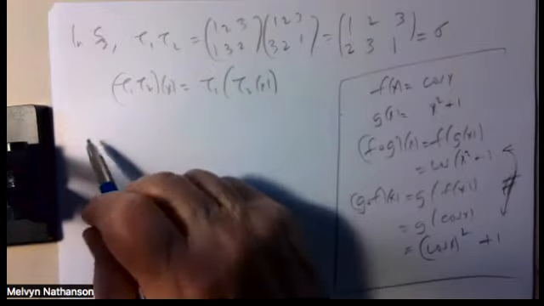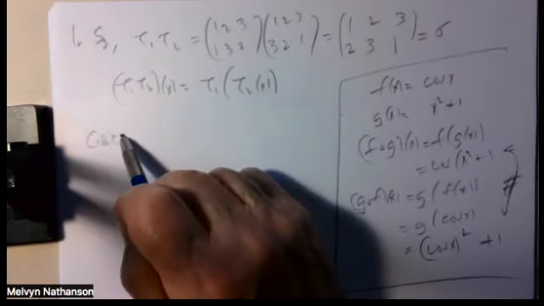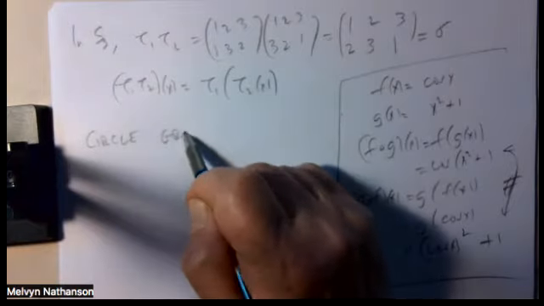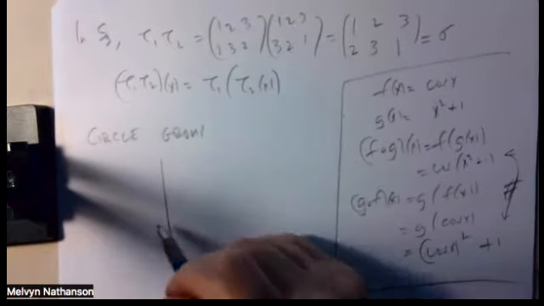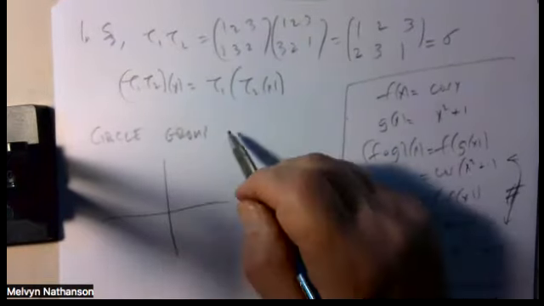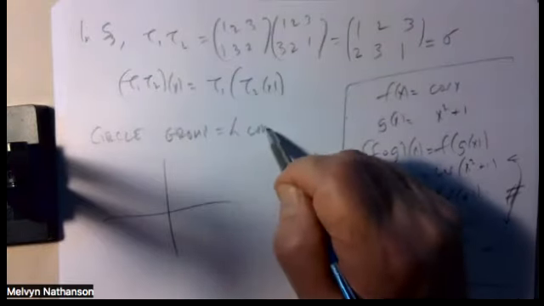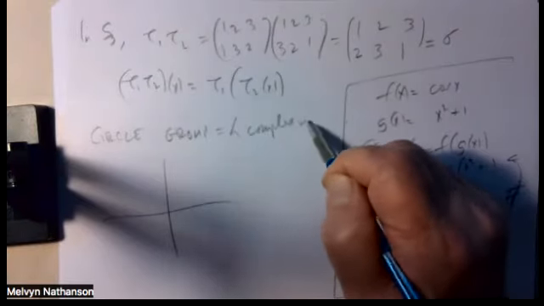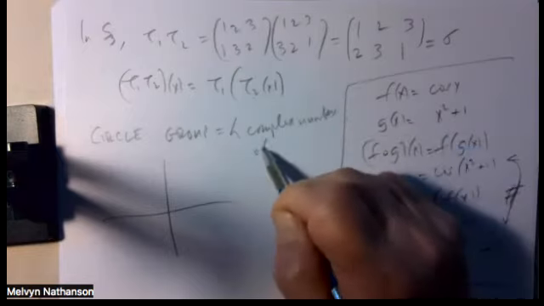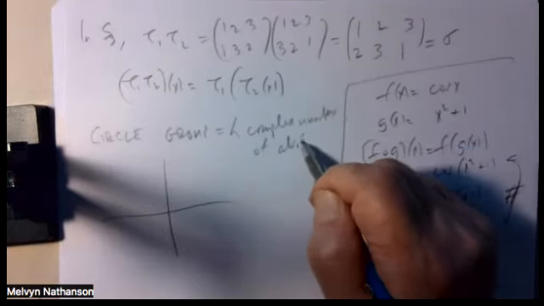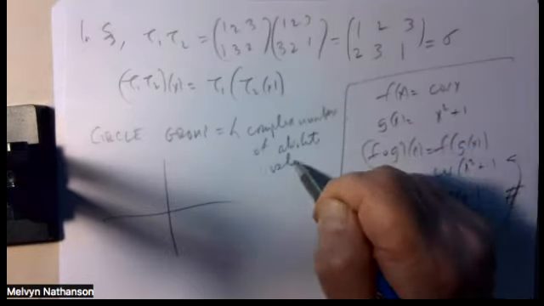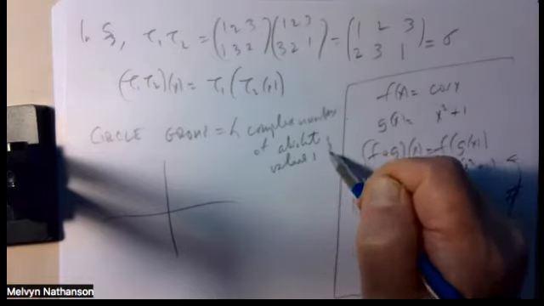What's another example of a group? There's something called the circle group. This is the set of all complex numbers of absolute value 1.